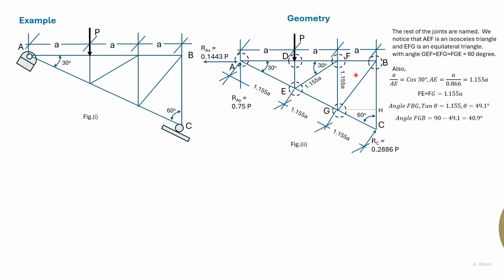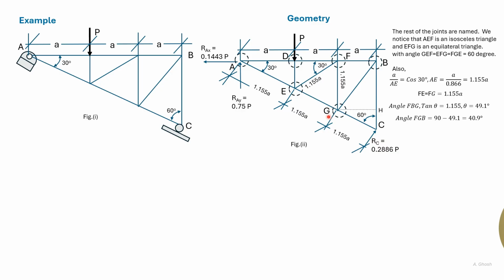Now tan of FBG would be 1.155, from which we can get the angle at B, which we get as 49.1 degrees. Now, if this angle is 49.1 degrees, then this angle is 40.9 degrees.